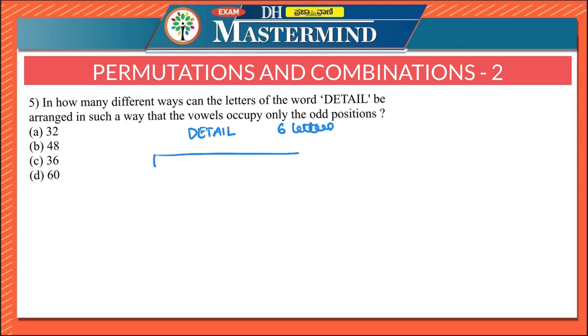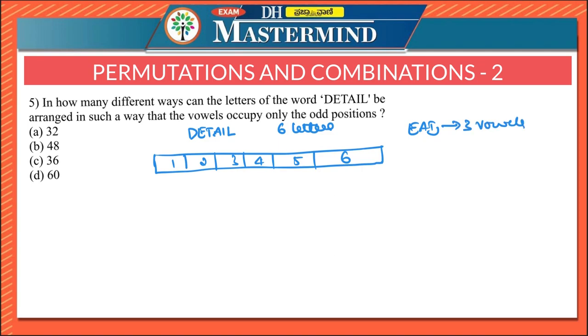Let us break it down. So if we consider 1, 2, 3, 4, 5, 6. The condition here is that the vowels, which are E, A, I. So there are 3 vowels here, and which are the consonants over here? There are 3 consonants.